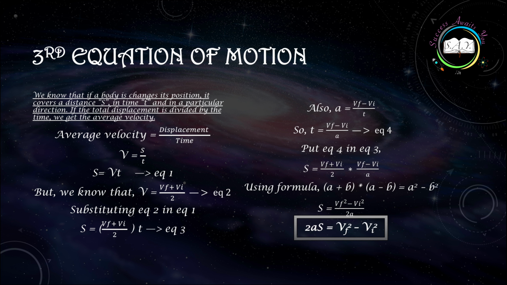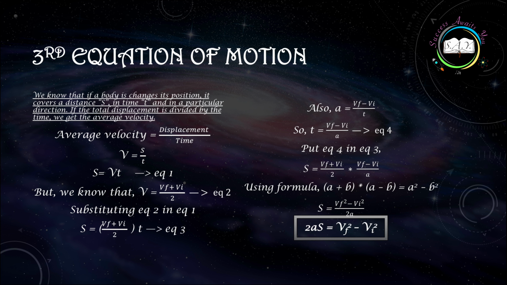Put equation 4 in equation 3, that is, s equals vf plus vi upon 2 multiplied by vf minus vi upon a. Then use the mathematical formula a plus b into a minus b equals a square minus b square. s equals vf square minus vi square upon 2a.